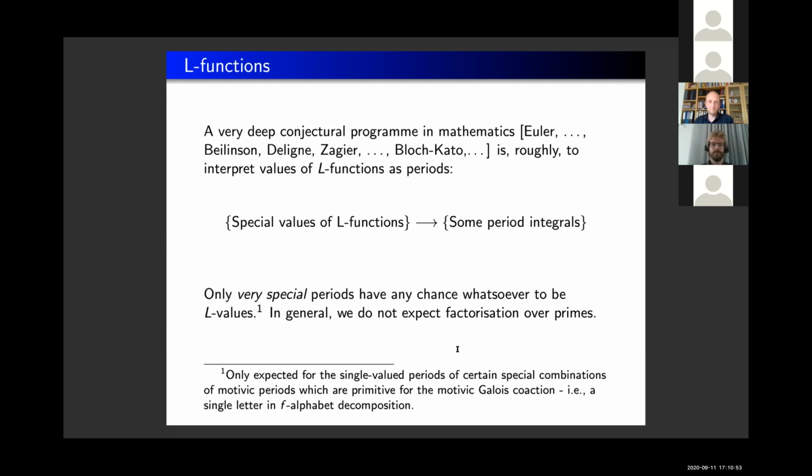Those of you who know about motivic periods, you can decompose a motivic period in complete generality into an f-alphabet. Many of you are familiar with this in the case of multiple zetas. A necessary condition is that your period should be a single letter in that f-alphabet. But that's nowhere near strong enough. You need many more conditions to have any chance of being an L value. Okay, so that's not much help to us.